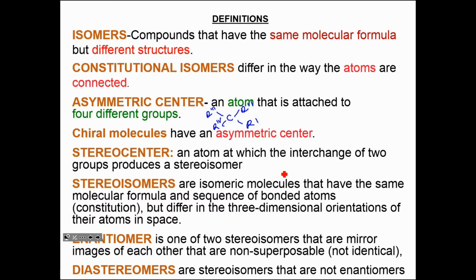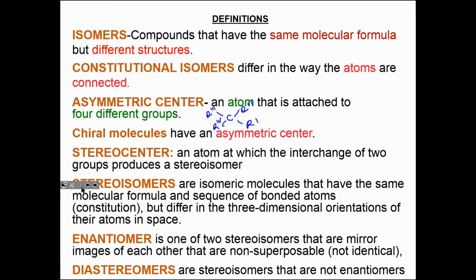A stereocenter is an atom at which the interchange of 2 groups produces another isomer, while stereoisomers are just isomeric molecules that have the same molecular formula and sequence of bonded atoms, like in constitutional isomers, but they differ in the 3D orientation of their atoms in space.